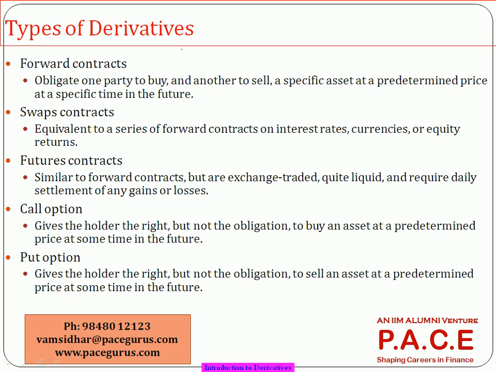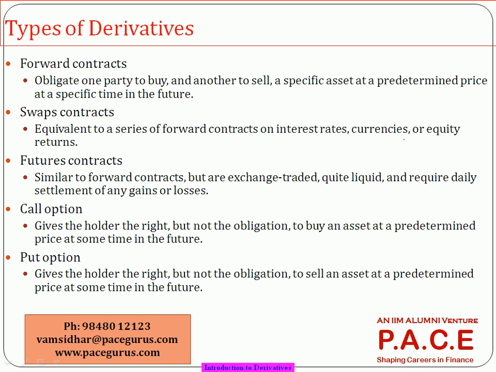So as I said, these are the 4 types of derivative contracts that are there. Simple logic is, see, whatever we have been talking of, between two parties, one party saying that I will buy something from you, the other party agreeing to sell something to you at a future date, right?